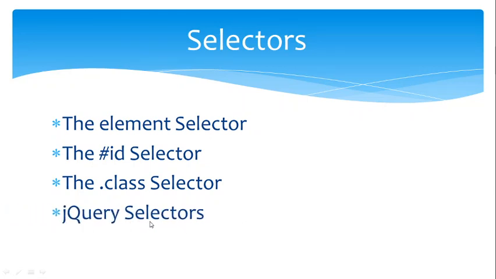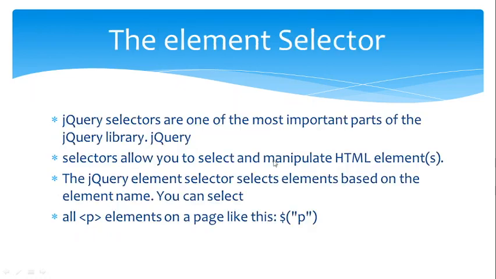I will show you examples for element, ID and class. These are the important ones, and most of the time we use these. Apart from this, there are many other jQuery selectors that I will also show you in today's lecture. Okay, let's start with the element selector.